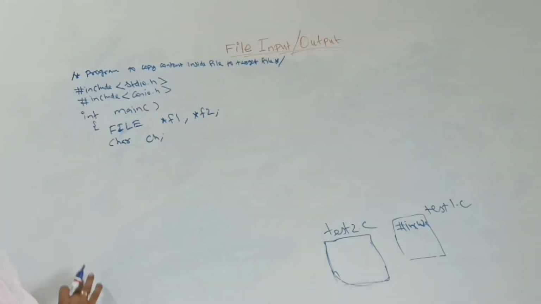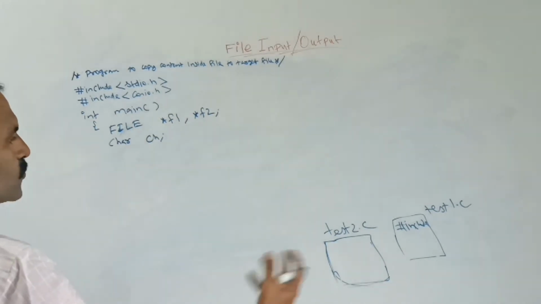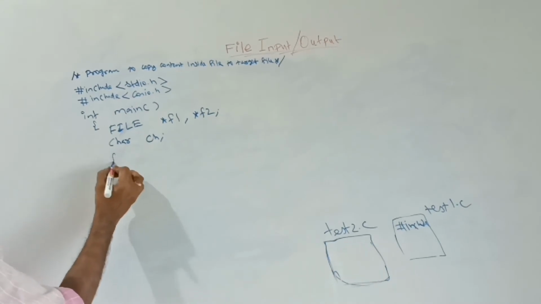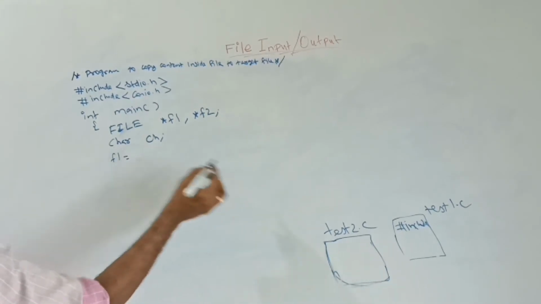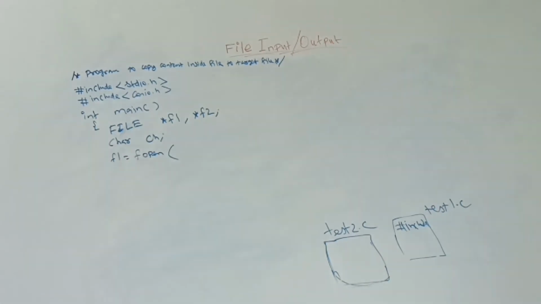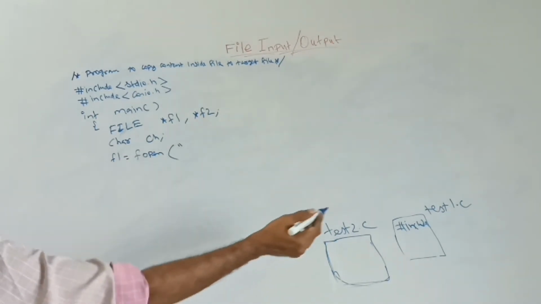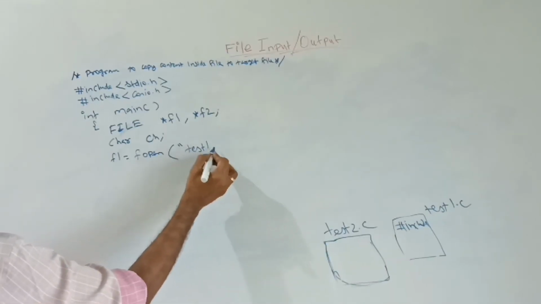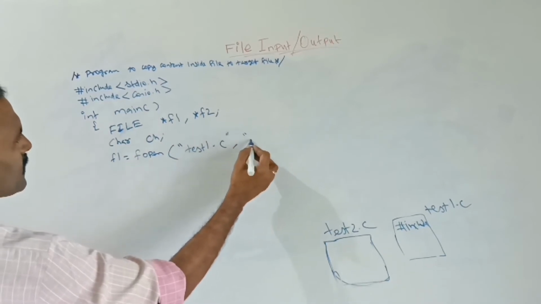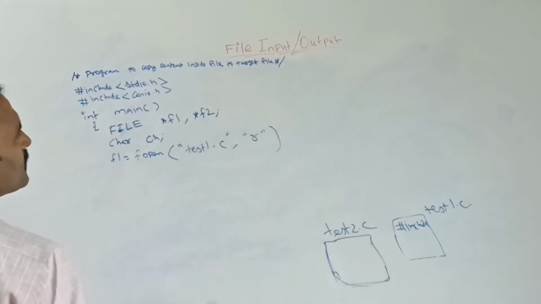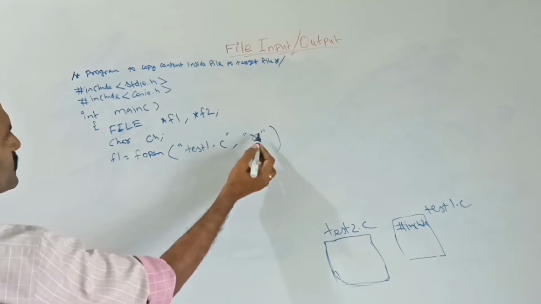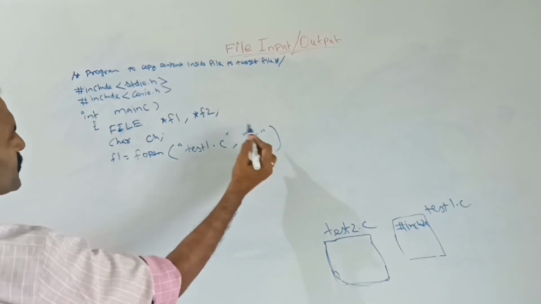So here I need to open the two files now, first file test1 and second file test2. So f1 is equal to fopen, that is the function. What is the file name? test1.c. Next, what type of mode am I using? This one is read. Here we are giving the mode. If you want to read we should use r, and if you want to write then you should use w.